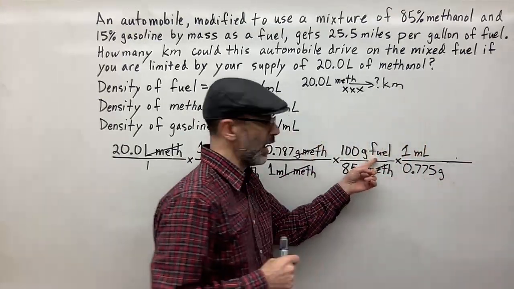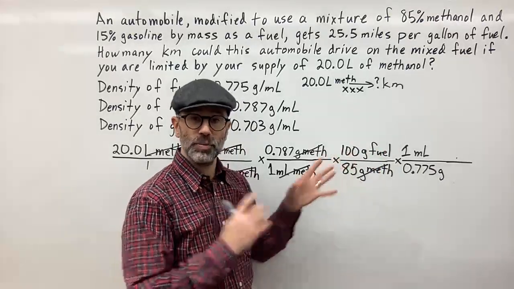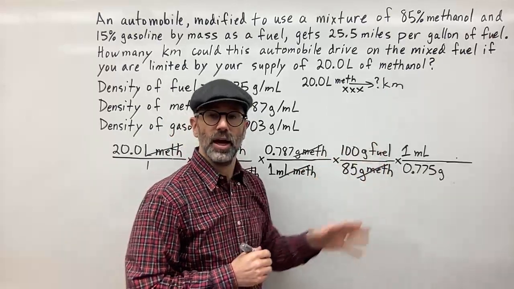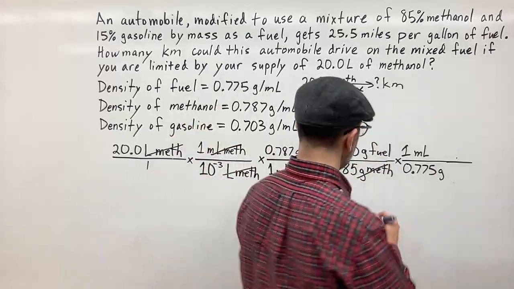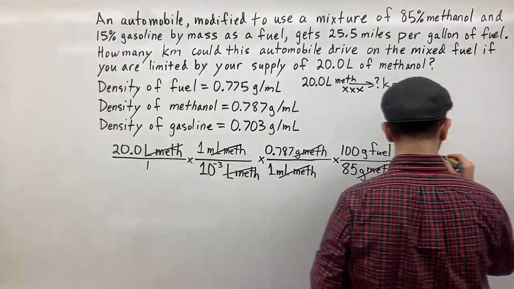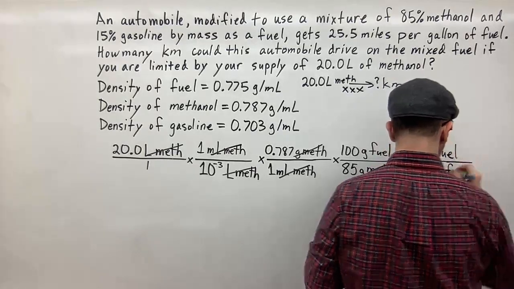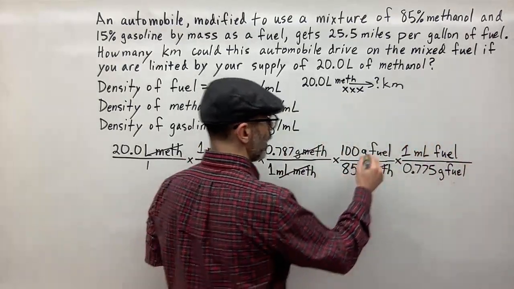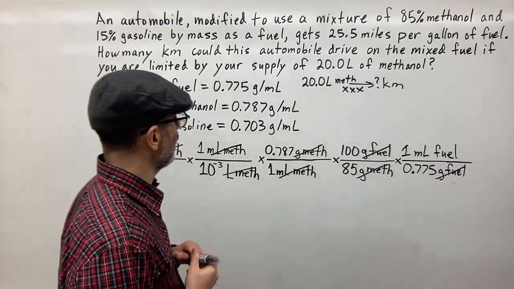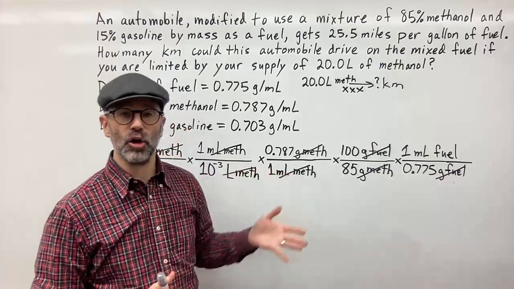Again, I always write the substance down because that helps prevent me from making a mistake of mixing up fuel and methanol. So we're dealing with fuel here. Grams of fuel are going to cancel out, and now I have milliliters of fuel, which is a volume unit.